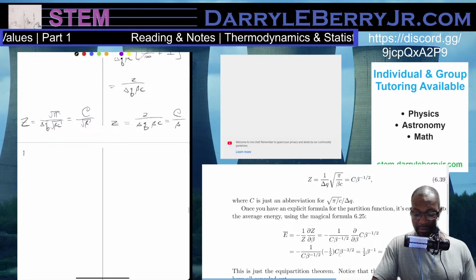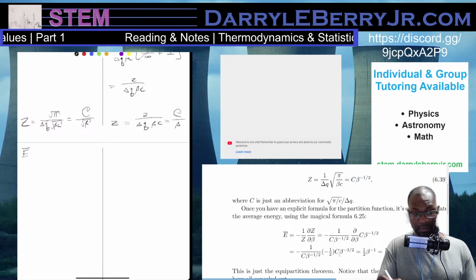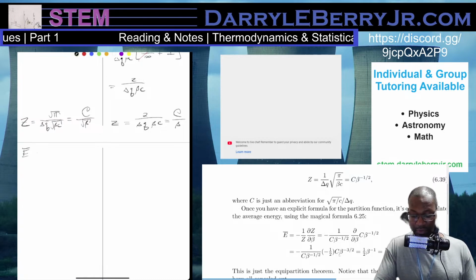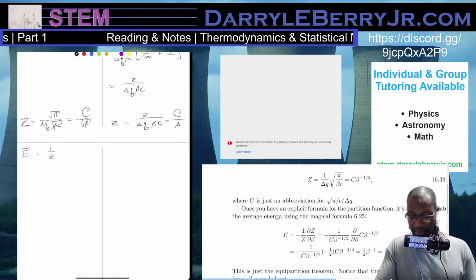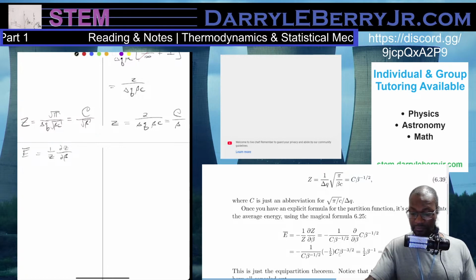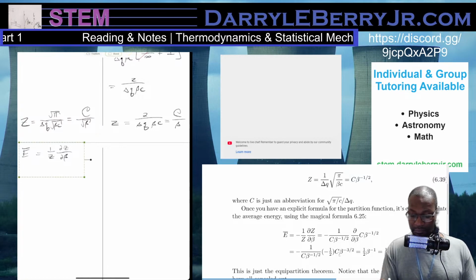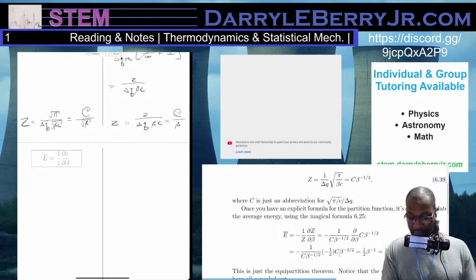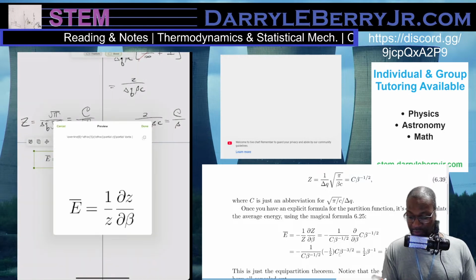So in the book, the expectation value is 1 over Z, partial derivatives of the partition function with respect to B. There's a negative that I missed.